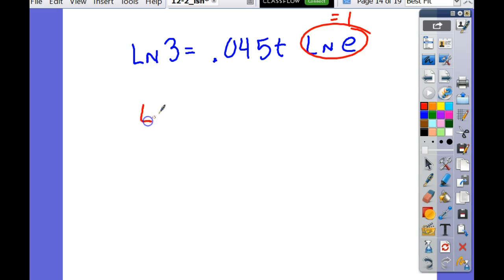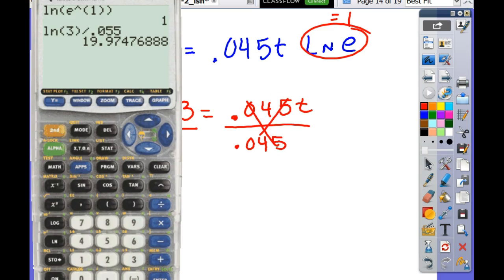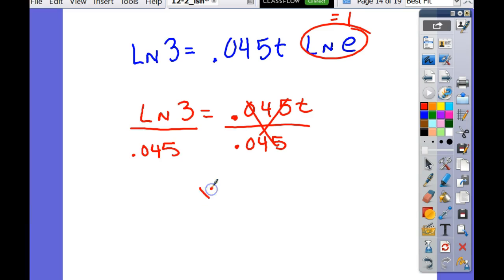So this becomes, divide by 0.045 to cancel that out, and ln of 3 divided by 0.045 is equal to 2441.